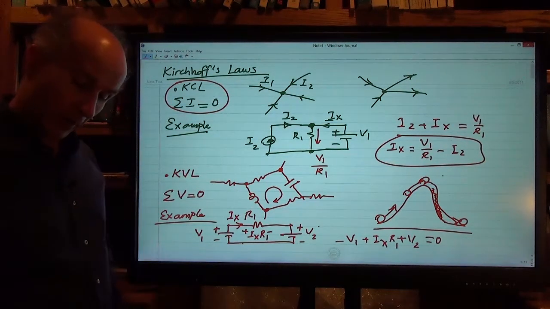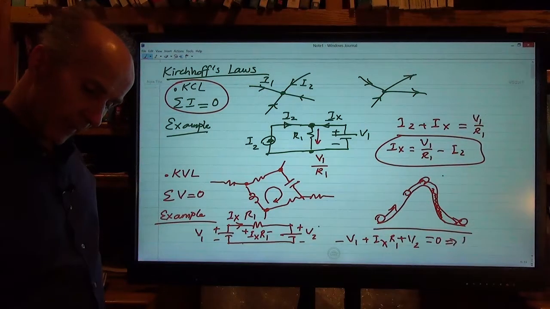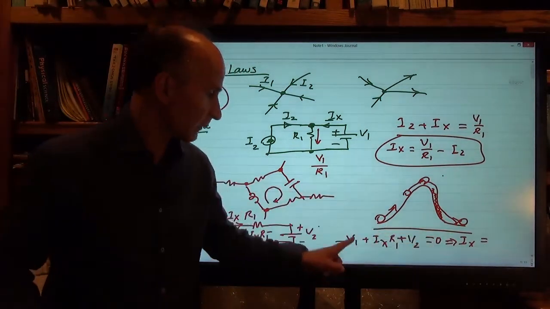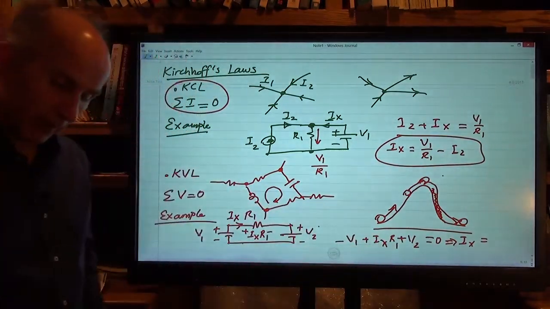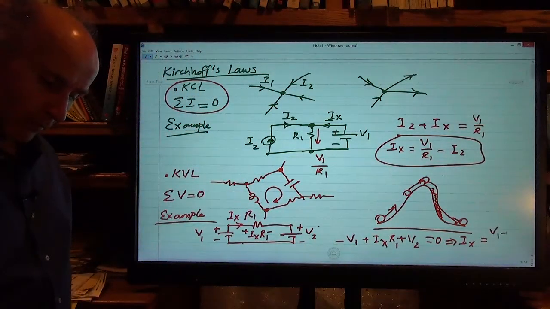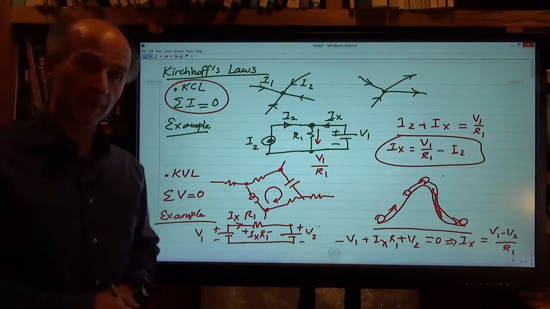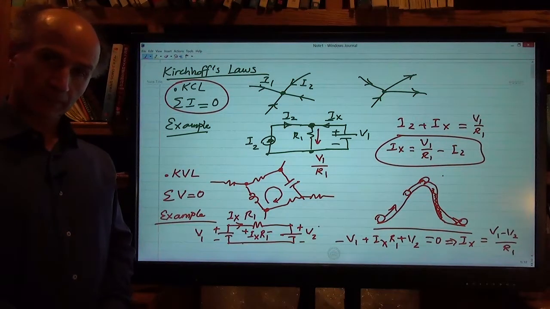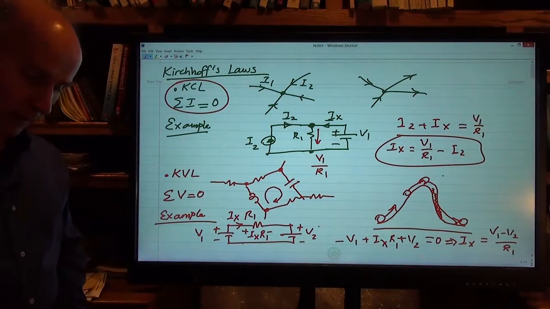So now we can find IX. That means that IX is equal to, we take this to the other side, V1 minus V2 over R1. That is the current through the resistor in this particular circuit. Okay, so that's pretty cool.